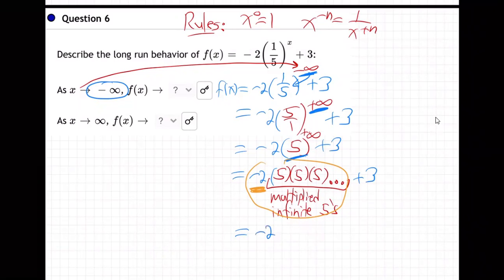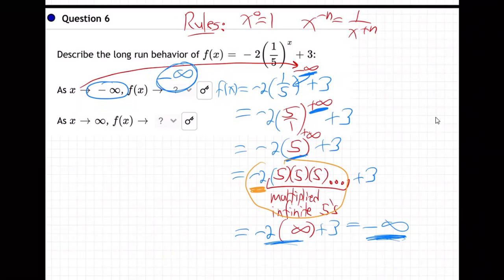It's negative 2 times infinity plus 3, which is negative infinity, isn't it? Because negative 2 times infinity is negative infinity, plus 3 is still just negative infinity. So f of x goes to negative infinity for part 1.